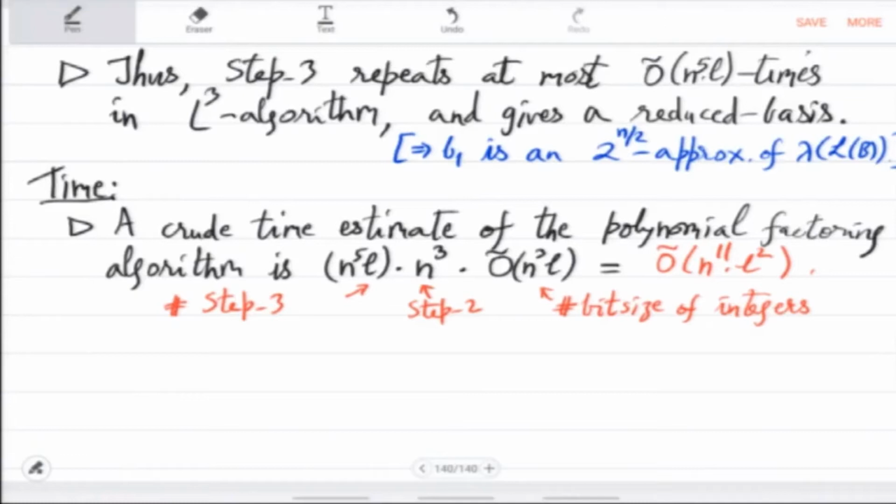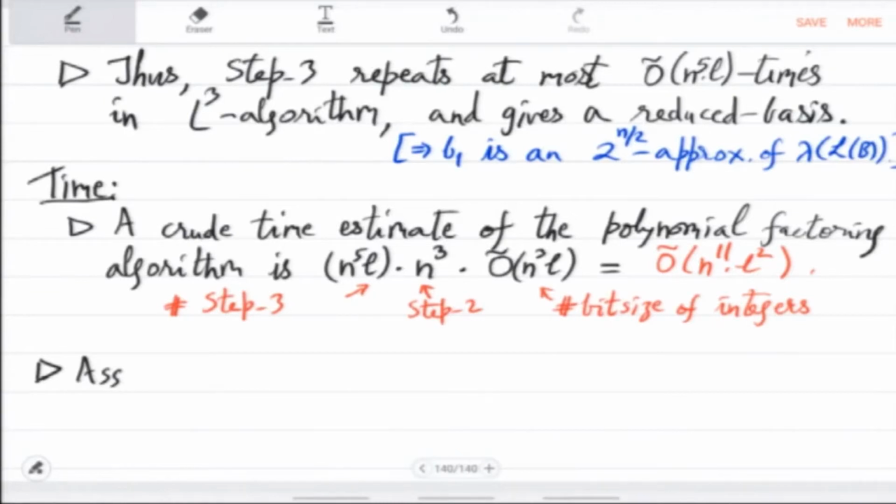And if you just look at the L cube algorithm, to find a reduced basis, what is the reduced basis finding algorithm's complexity?